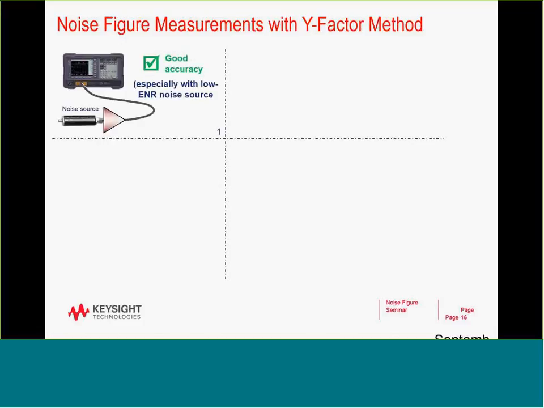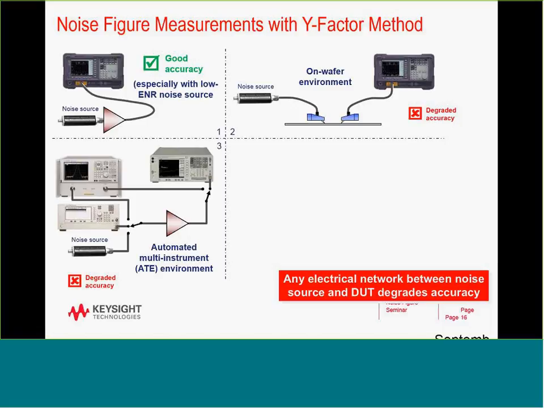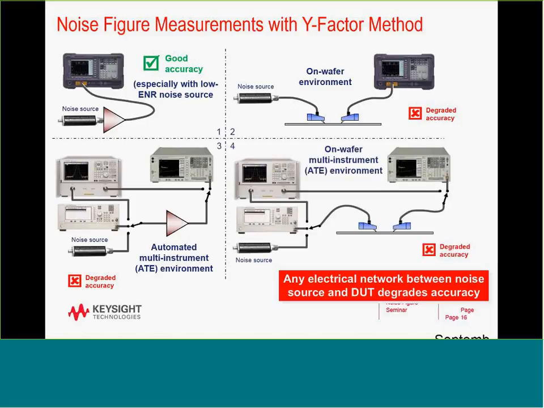So we take a look at noise figure measurements with Y-factor. We get really good accuracy when we're making individual device measurements directly at the input of the receiver and directly connected to the noise source. However, we can have some issues in making on-wafer measurements, and ATE types of measurements.